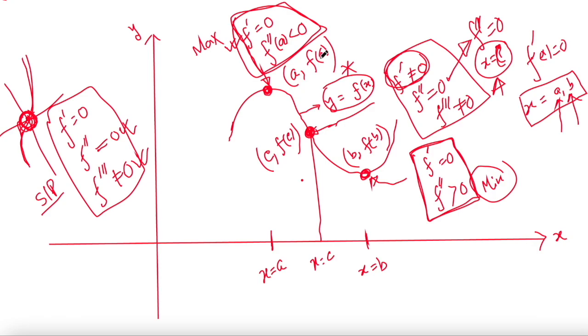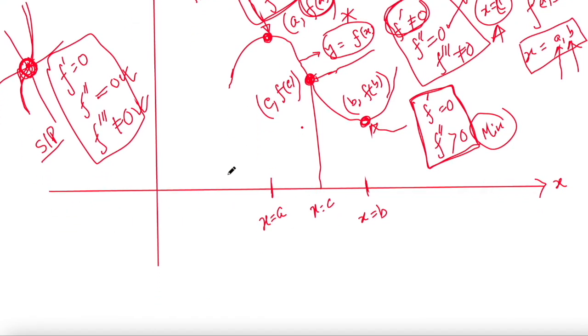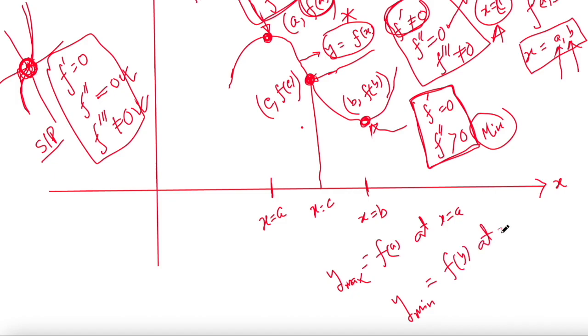So f(a) is the maximum value of y. What is the maximum value of y? From here we can decide that y max, the maximum value of y, is equal to f(a) at x equal to a. Y min, the minimum value of y, is f(b) at x equal to b.